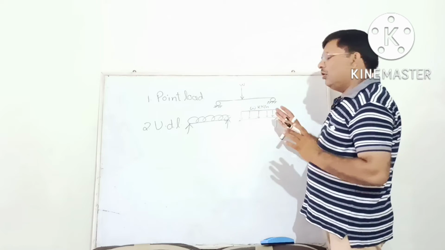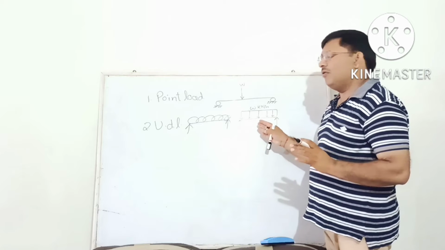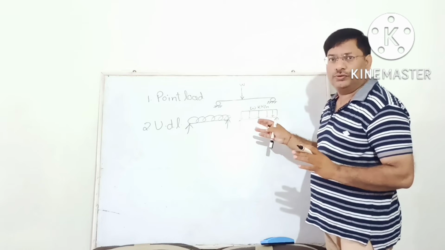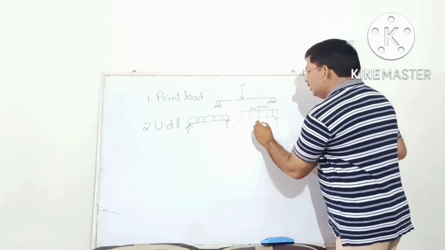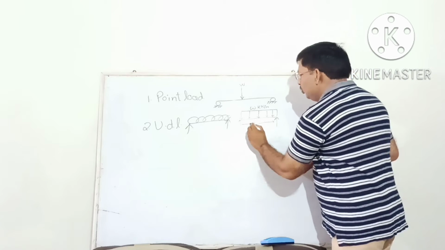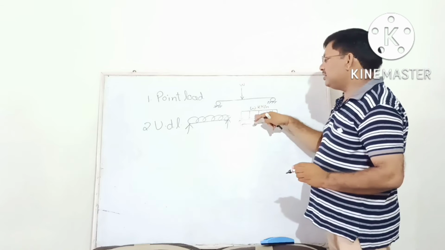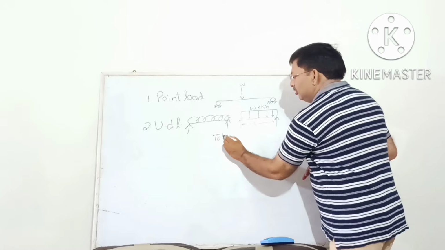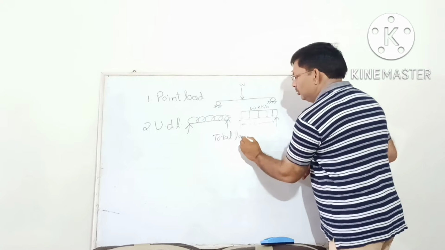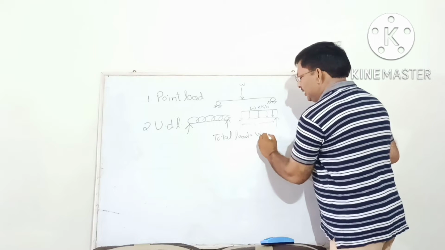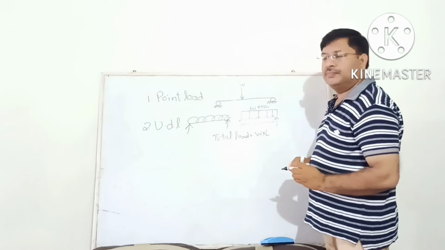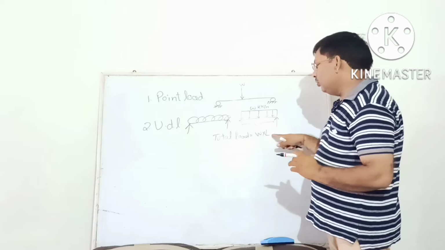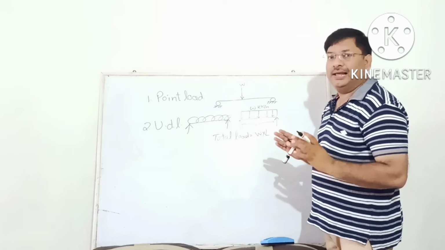So for drawing the free body diagram of uniformly distributed load, we will have to convert this load into point load first. So in this case, if the length is L, then total load is calculated as intensity multiplied by length. When we draw the free body diagram of this load, this total load will act at half of the length.